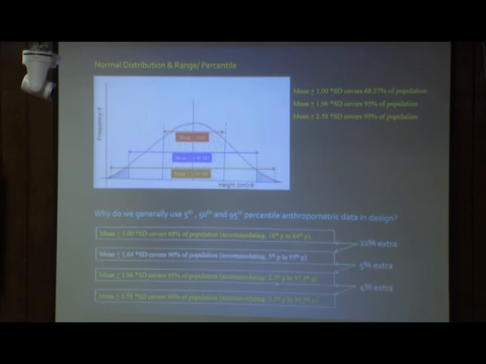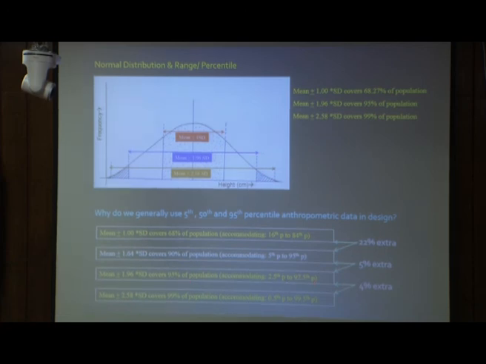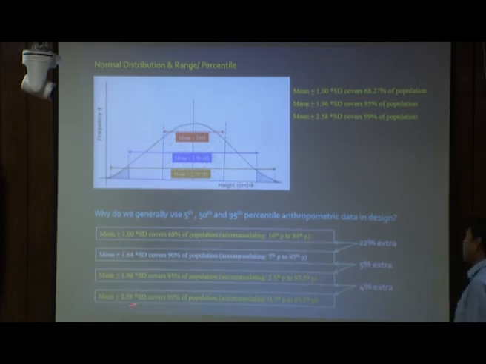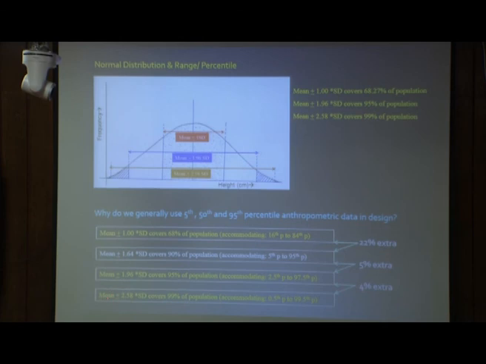So from the 2.5th percentile to the 97.5th percentile, we are accommodating 95% of the population. Next, with the mean value, if we add or subtract 2.58 SD, then we can cover 99% of the population or data set. It means the starting point is the 0.5th percentile and the end point is the 99.5th percentile.